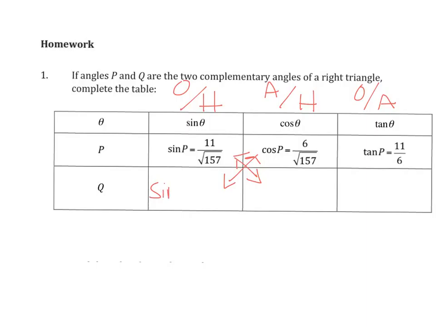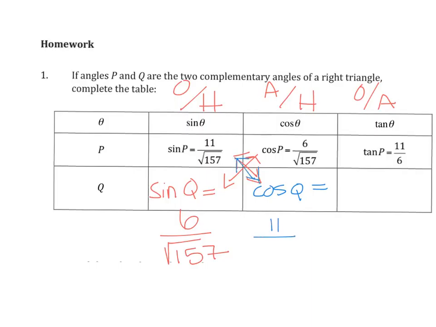So sine of Q is equal to 6 over the square root of 157, and for cosine of Q, that's going to be equal to 11 over the square root of 157.